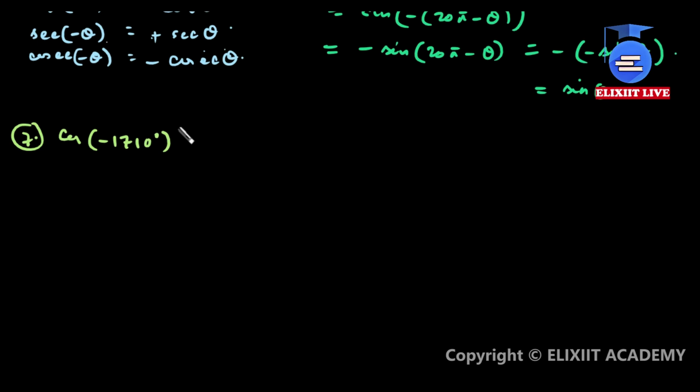It's given in degrees, so multiples of 180 degrees close to 1710. Cos of minus 1710 is given. Follow fast. Find the value of this.